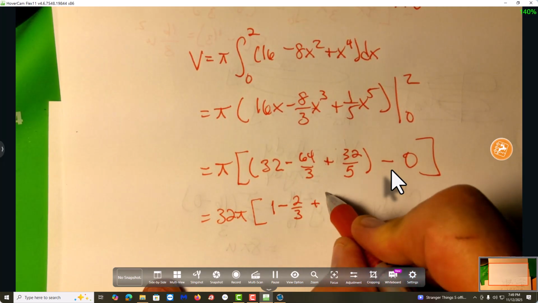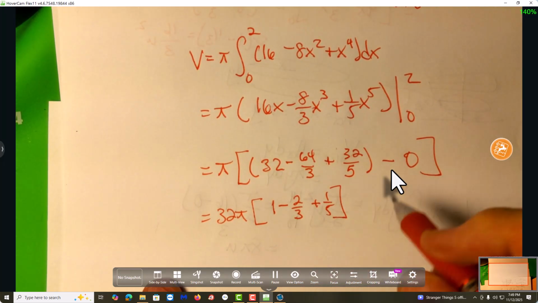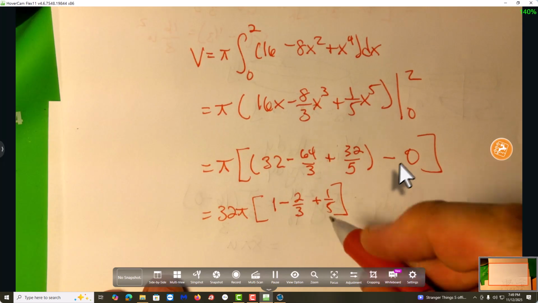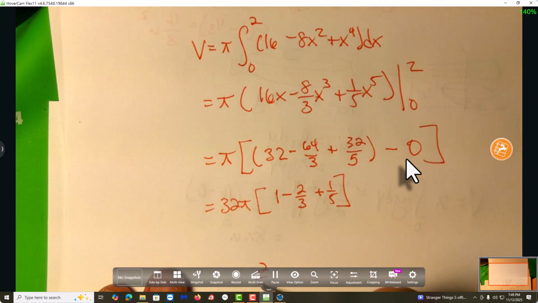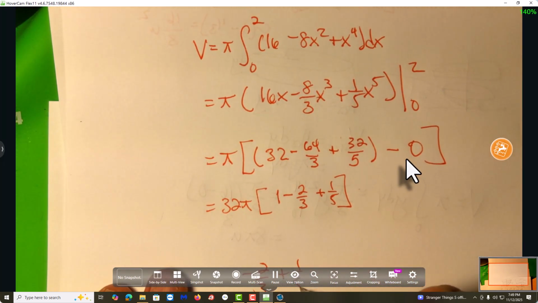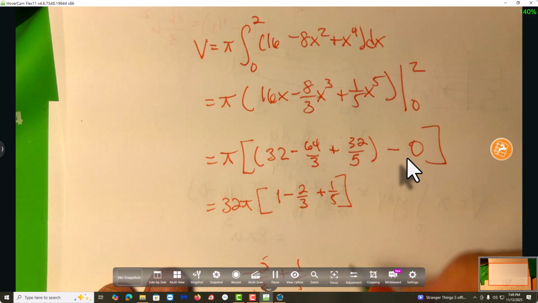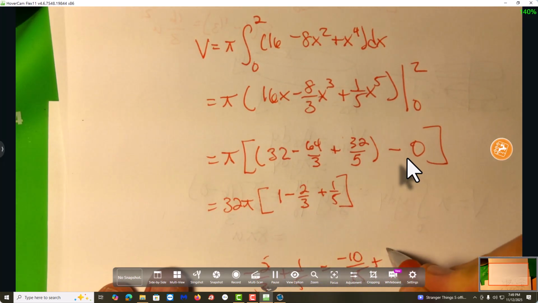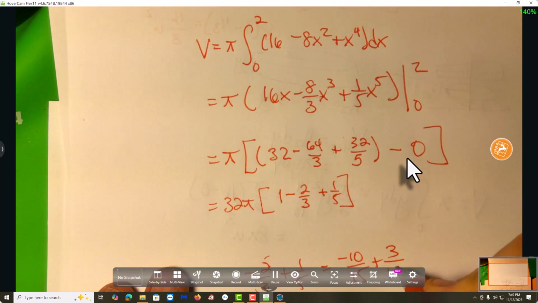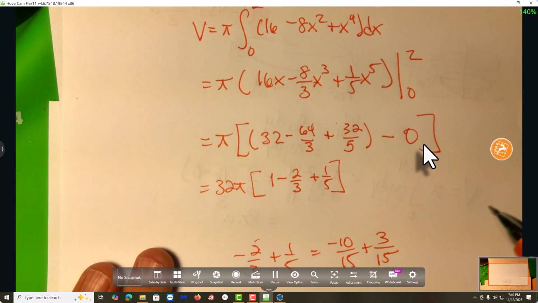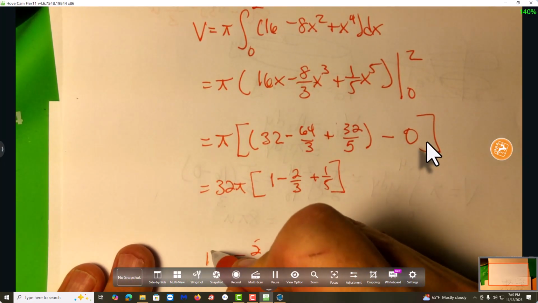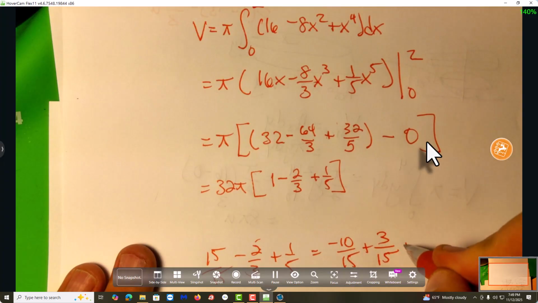Now look, does that make everything smaller? Hey, look right here. You should remember that 2/3 plus a 5th. So we're going to multiply this by 5 over 5, so that's minus 10/15, and this is going to be 3 times 5 is 15. Now remember, 1 is 15 over 15.